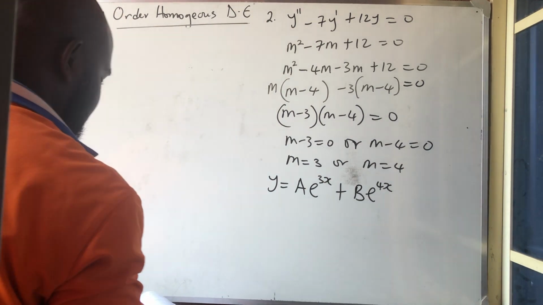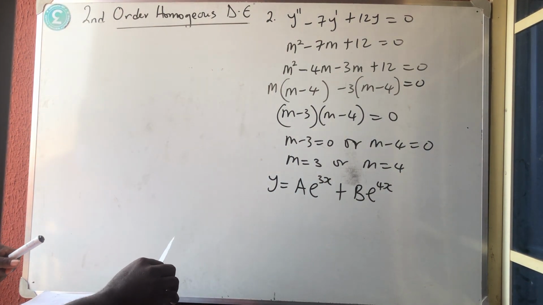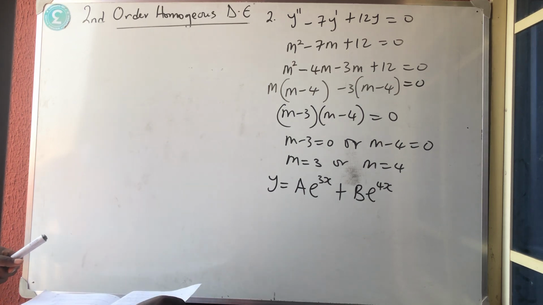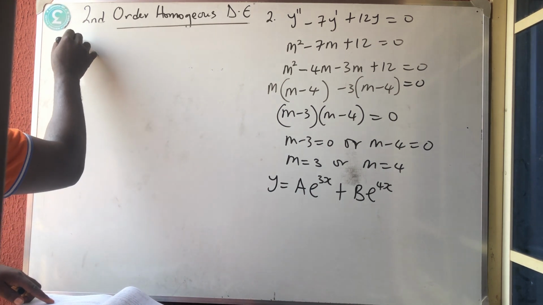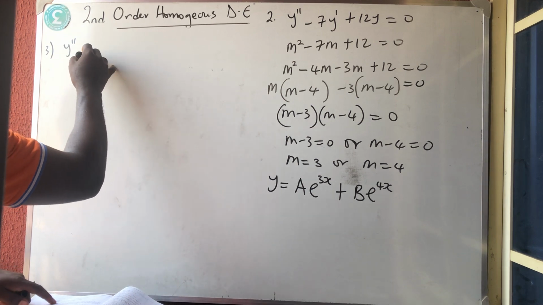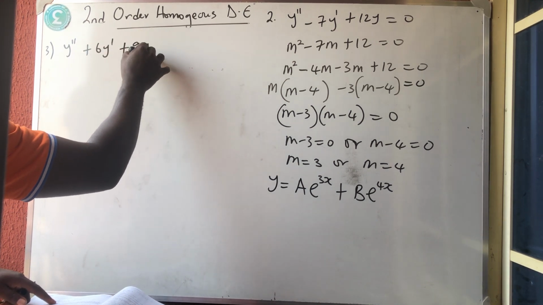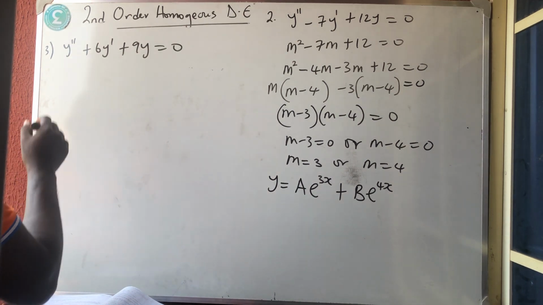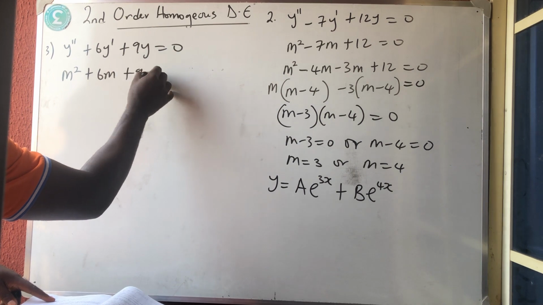So you have to remember those things I wrote down. Okay, number 3, I'm having y prime prime plus 6y prime plus 9y is 0. So what do I have here? I'm having m squared plus 6m plus 9 is 0.